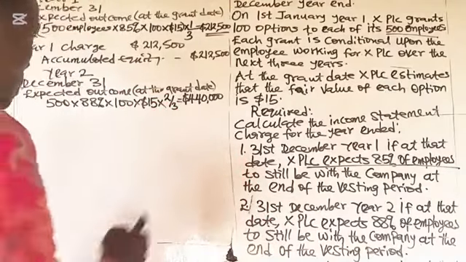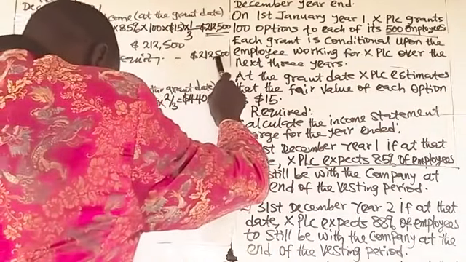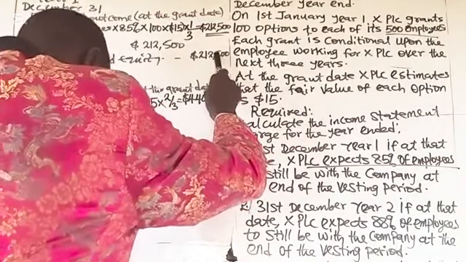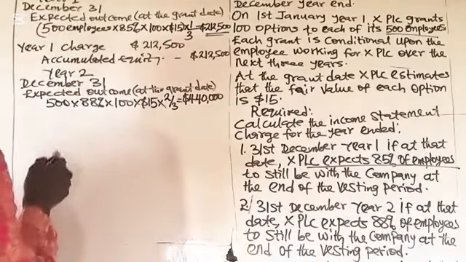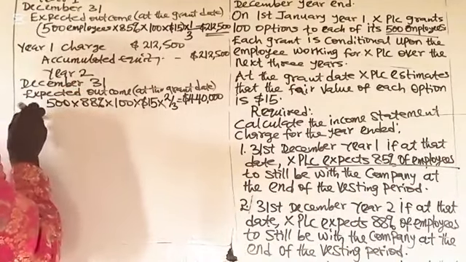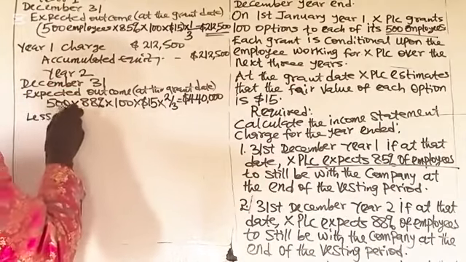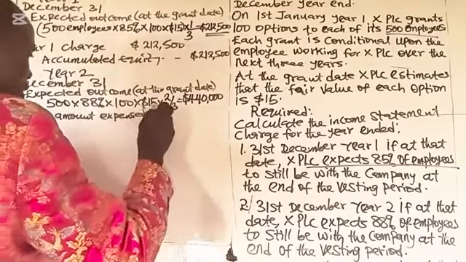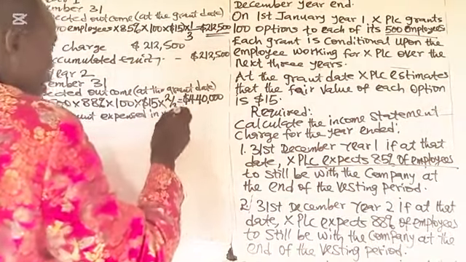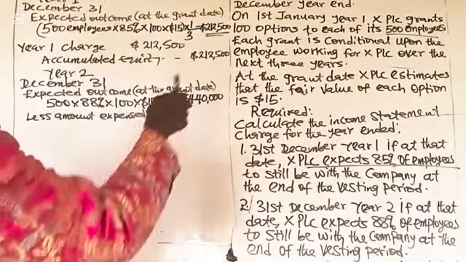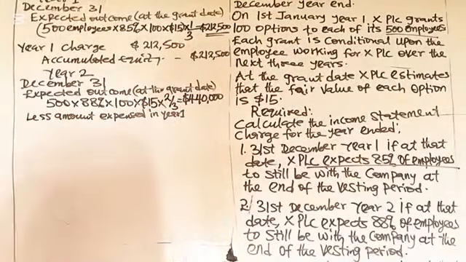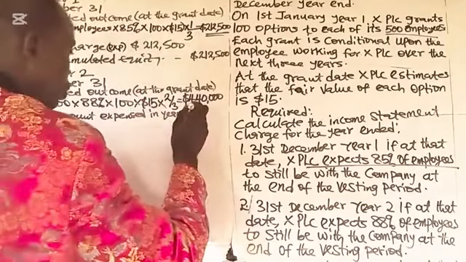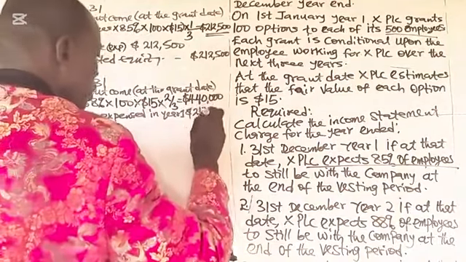And I've told you that it is the accumulated amount that will appear as an equity. Now, remember 212,500 has been expensed in year 1. Then the amount expensed, less the amount expensed in the previous year. The amount that has been expensed in year 1 amounted to 212,500.